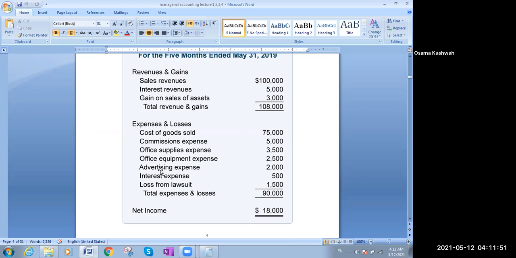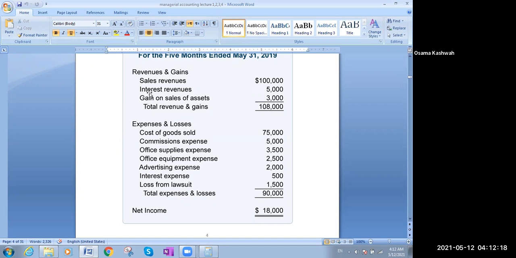Advertising expenses, because you must pay for advertisement so that you promote your product through advertising. You paid 2,000. Interest expenses: now you took, for example, a loan and you have to pay the loan plus the interest. So the interest expenses which you paid here is 500.